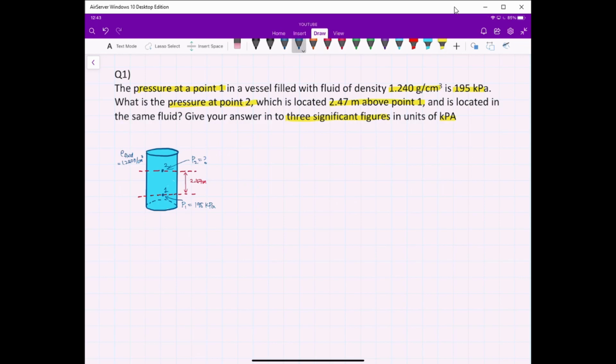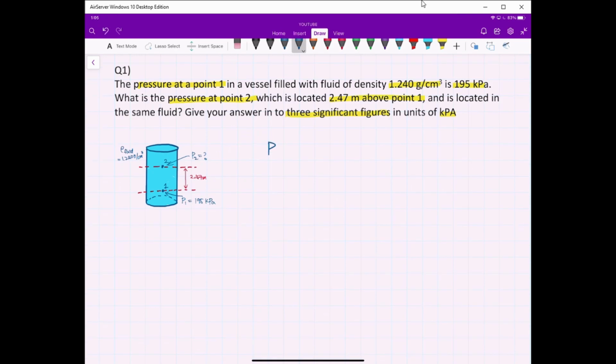We can calculate the pressure in a liquid at a given depth using the hydrostatic equation, which you can write as P1 equals P2 plus rho g h, and P1 will have higher pressure than the P2.